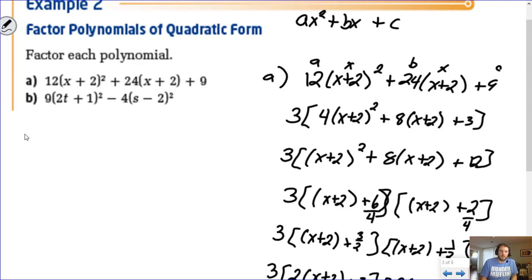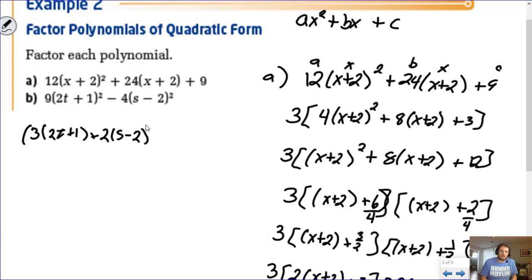So if we take the square root of each of these, we get, sorry, that's not 9, that should be a 3 because we're taking the square root, right? So 3, my mistake, onto 2t plus 1 plus 2 onto s minus 2, right?